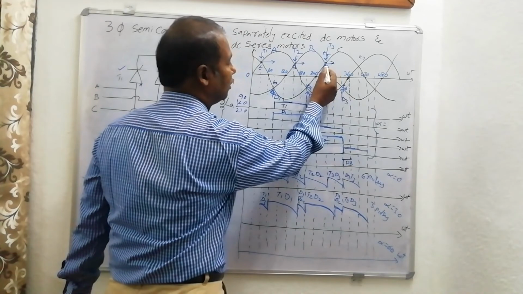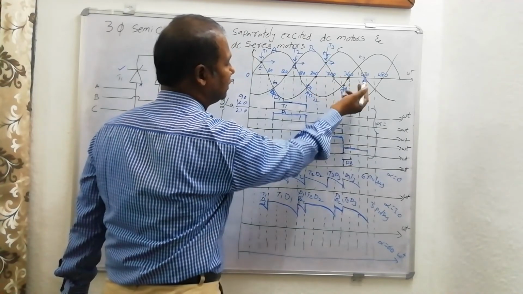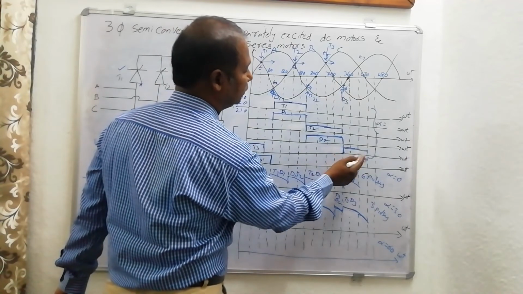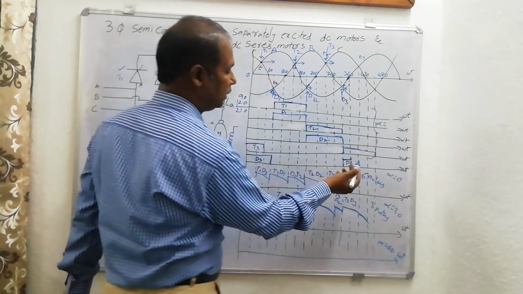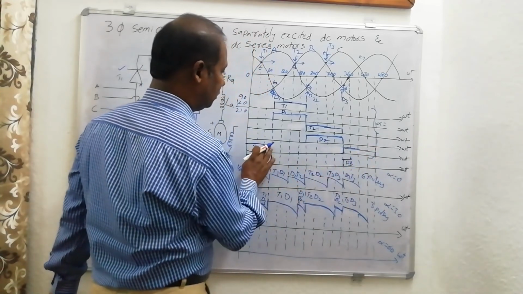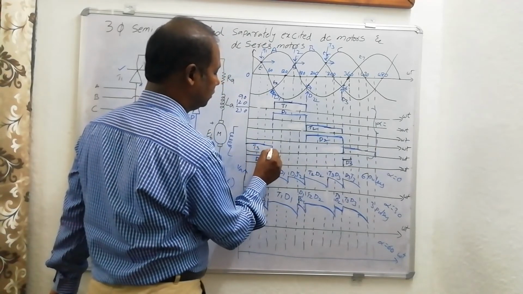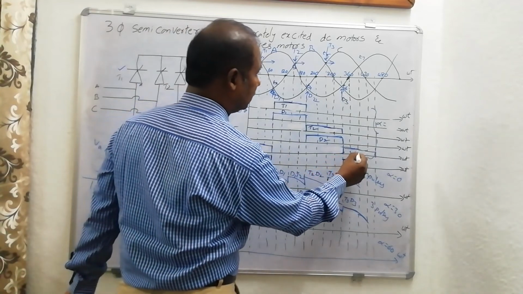Actually, the alpha angle you have to measure from here. So this is the 270. 270 plus 60, 330. So it is continuous up to here. D3 does not change. So this is the T3.